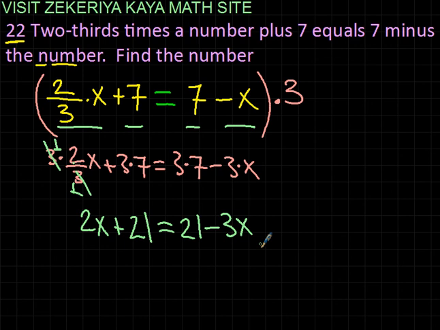Now everybody, which one is smaller? Which x value is smaller? Yes? Minus 3x. So minus 3x is the smaller one. We always move the smaller one.